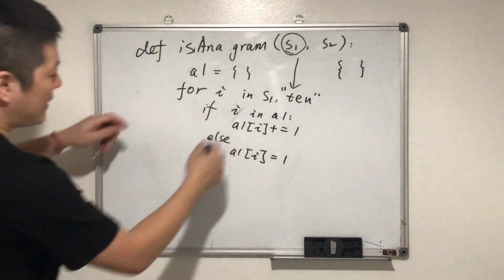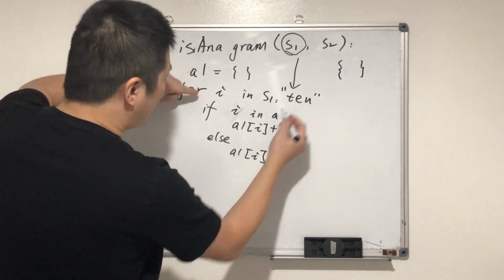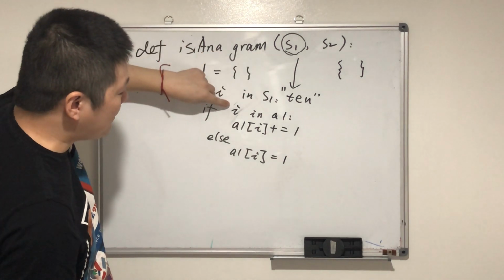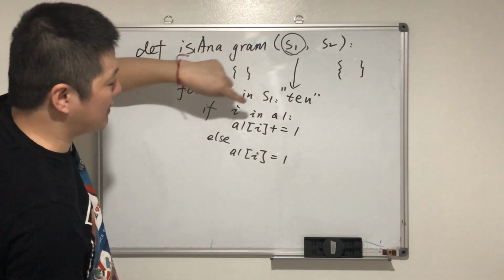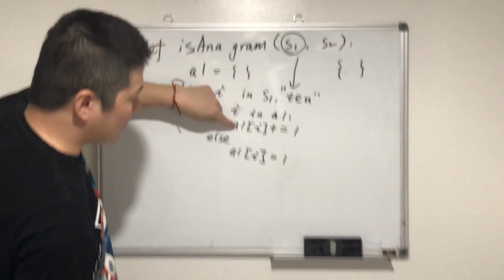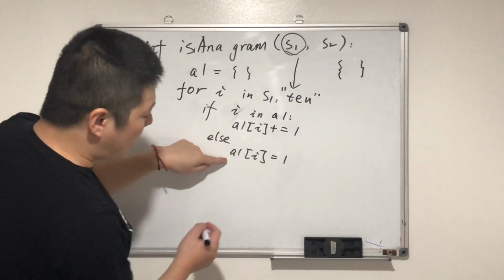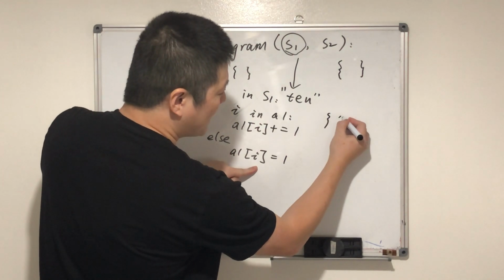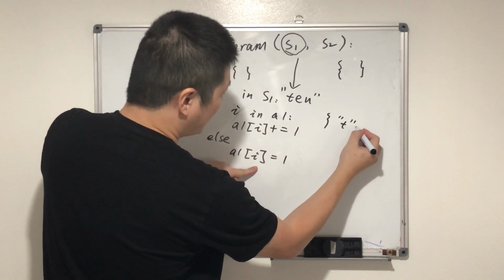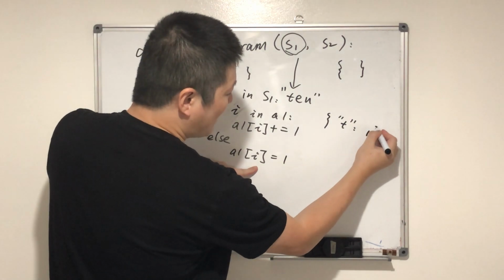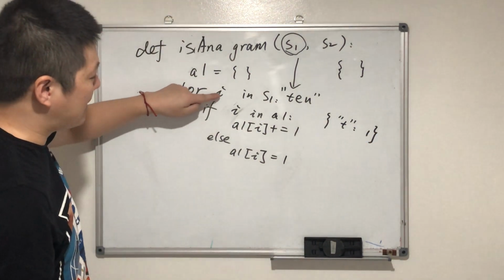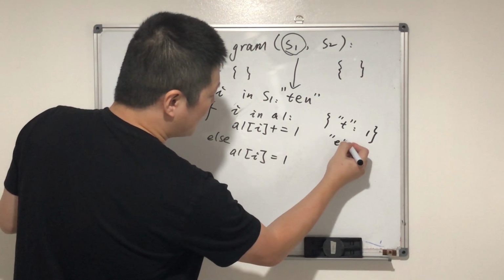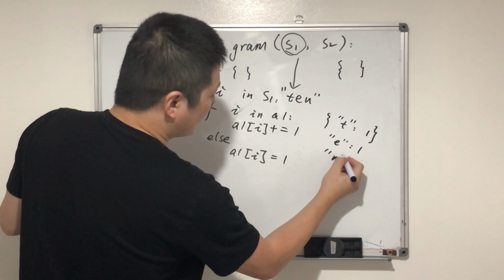So what it means is that I loop this T. For example, Eric, look, T is not in A1, which is empty, so A1[t] would equal 1. So what do we have? This curly brace, and then we have this t, which is 1. Then going back again, e also does not appear, so we put an e here, and then n here.